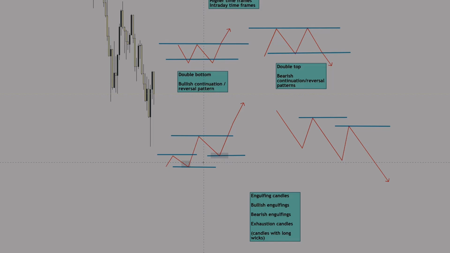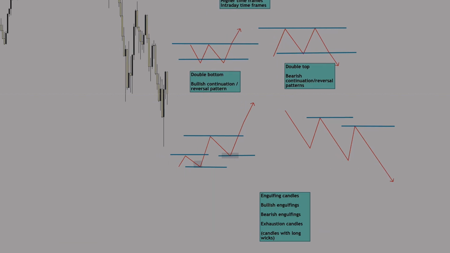You're looking for these engulfing candles on these points, on these key levels of support and resistance, and that's how you find higher probability trades.